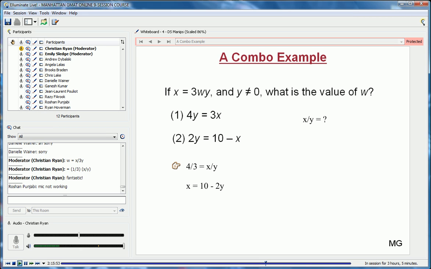That's a meaningful trick, because the ratio of two variables shows up in all kinds of different problems, as we're going to see when we deal with rates and ratios and other kinds of problems.